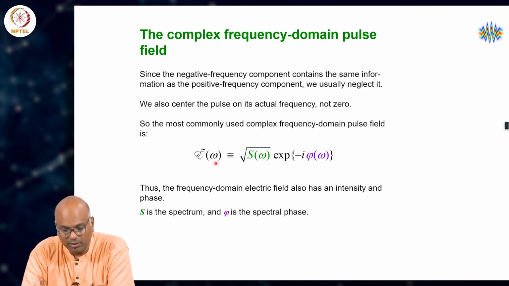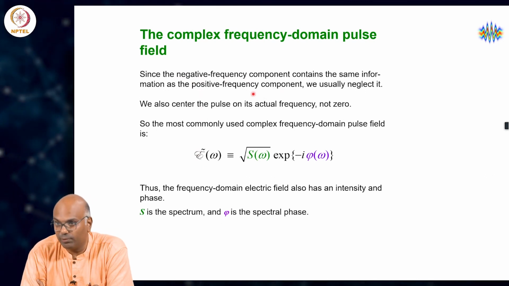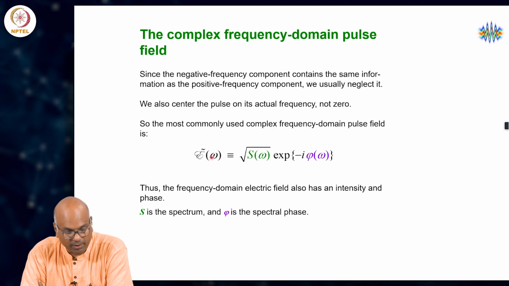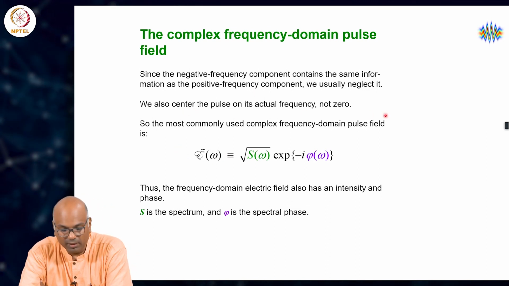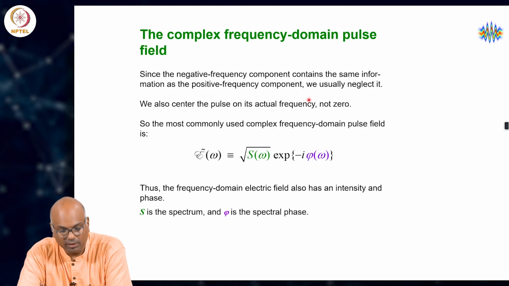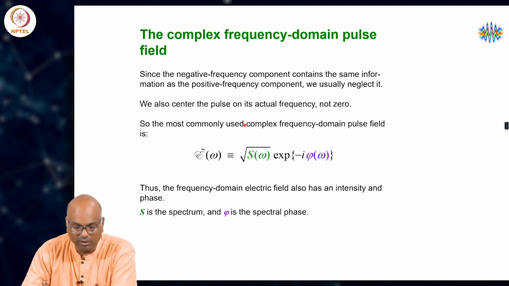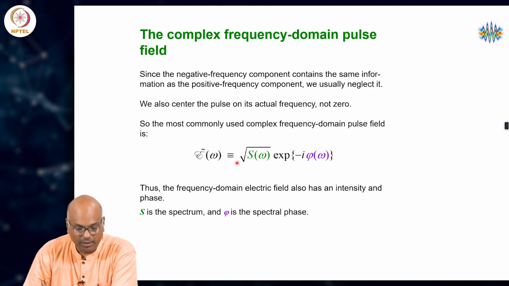because that contains the same information as the positive frequency component, and positive frequencies are what you measure, right. And also we can center the pulse on its actual frequency and need not necessarily center it at 0. Okay.